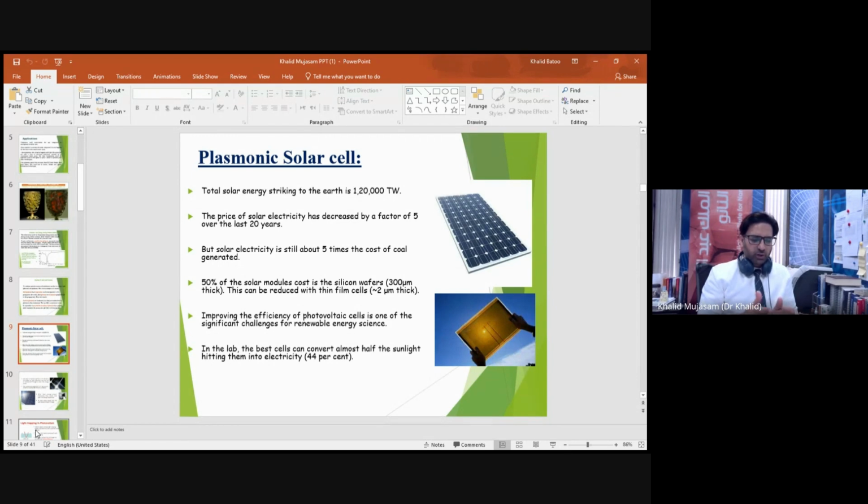Although we are still a way behind, because with the conventional cells we try to manufacture in the labs, only 44% of the incident energy can be converted into electricity. That means there's a mismatch of the wavelengths incident on the surface. A lot of energy is getting wasted, because our materials absorb only parts of the spectrum.